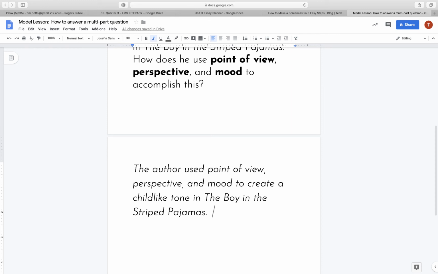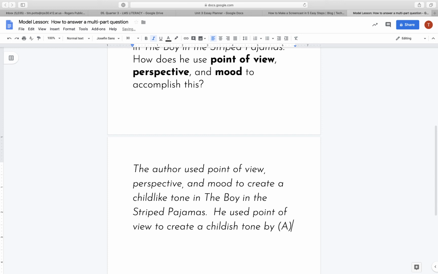Now we start by addressing each one. So we start off with point of view first. He used point of view to create a childish tone by, and then that's where we come in with our placeholders again.